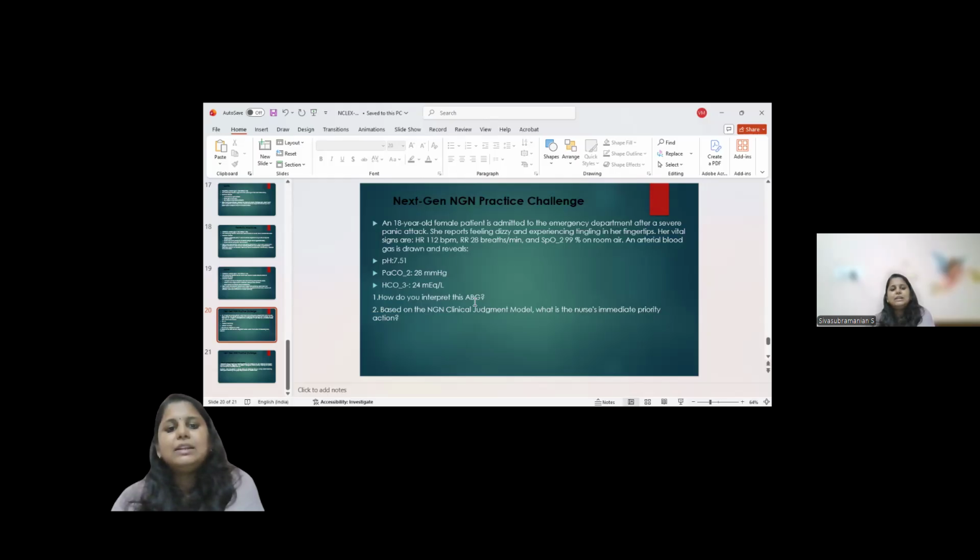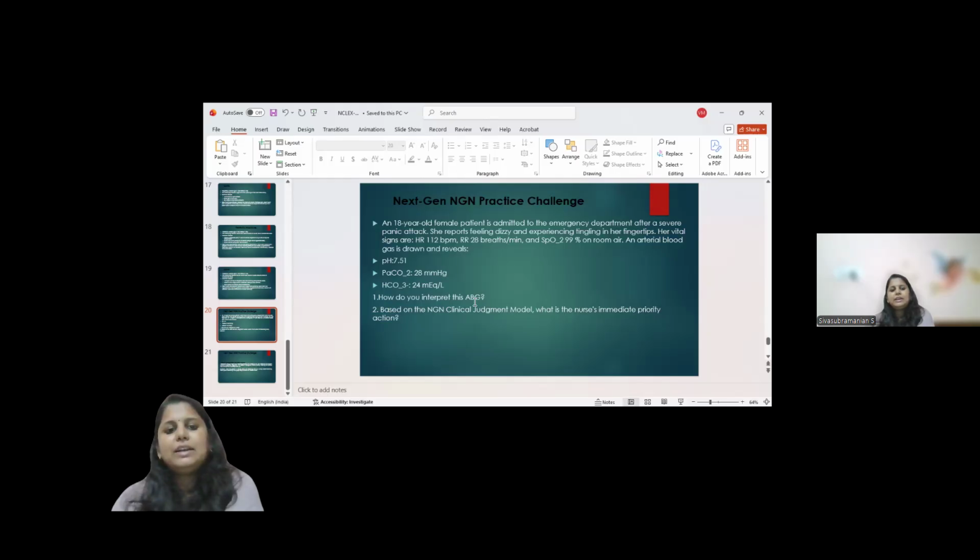For example, an 18-year-old female patient is admitted to the emergency department after a severe panic attack. She reports feeling dizzy and experiencing tingling in her fingertips. Her vital signs are heart rate 112 beats per minute, respiratory rate 28 breaths per minute, and SpO2 99% on room air.